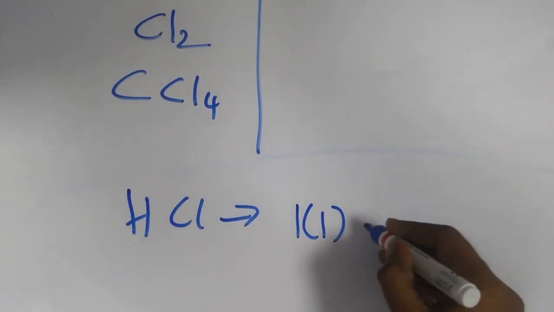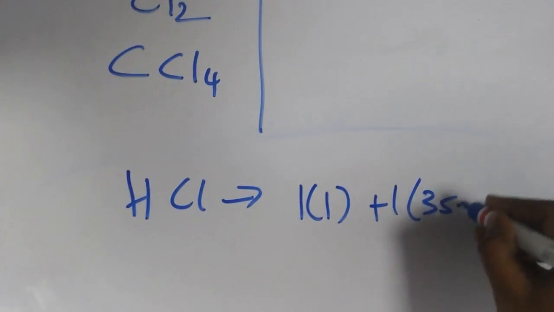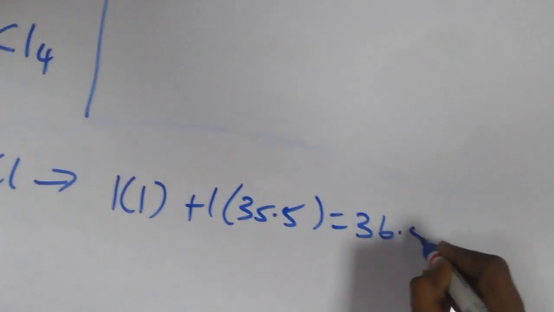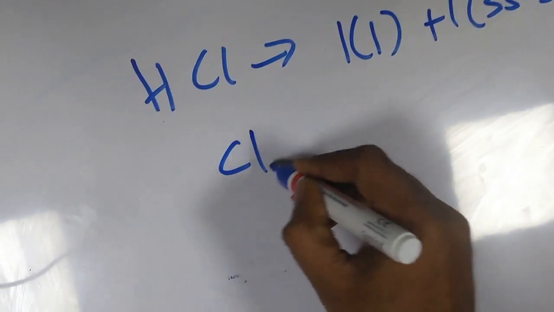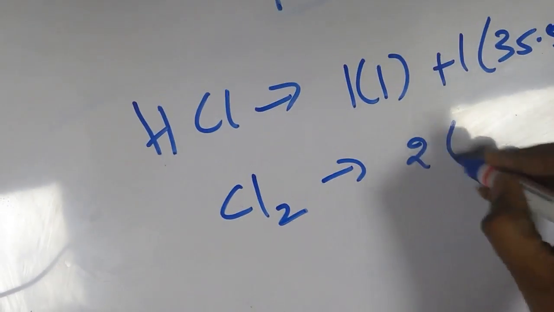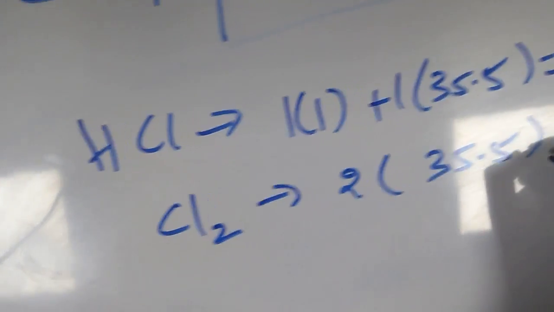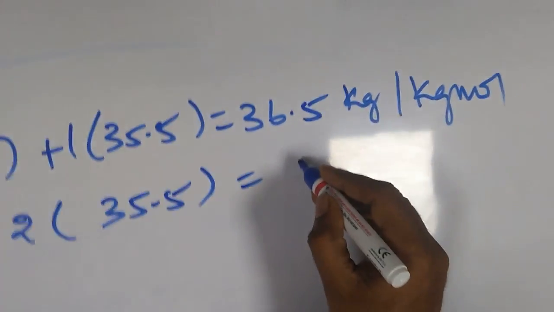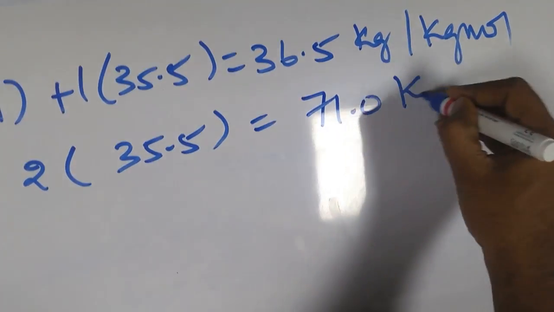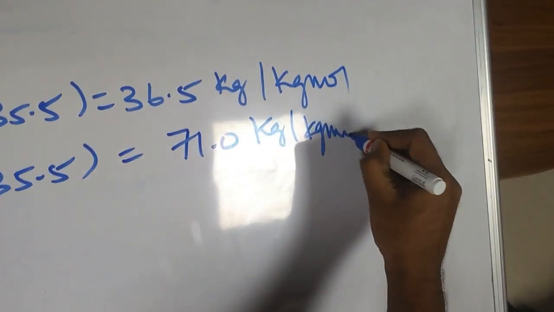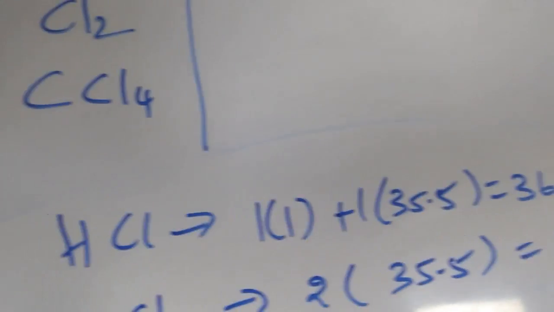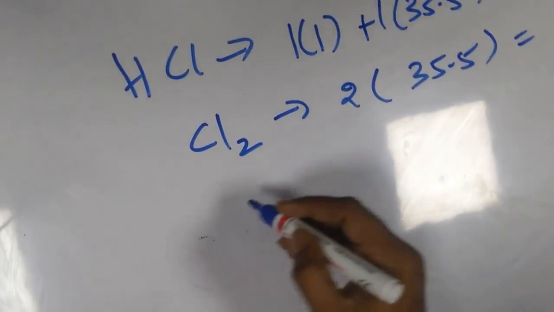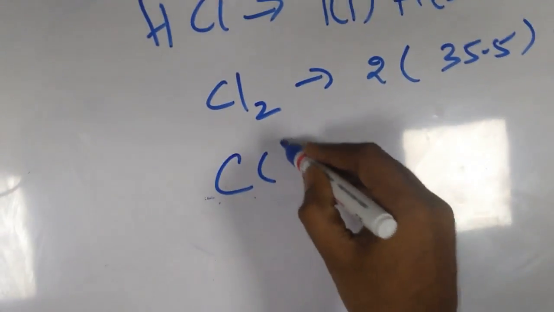What is the molecular weight of HCl? 1 into 1 plus 1 into 35.5, that is 36.5 kg per kg mole. What is it for chlorine? 2 times 35.5, which is 71 kg. Similarly, what is it for CCl4, carbon tetrachloride?